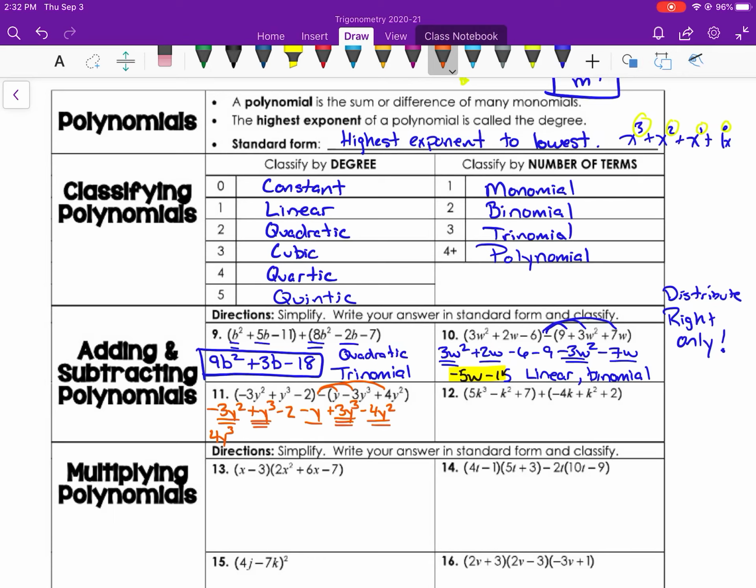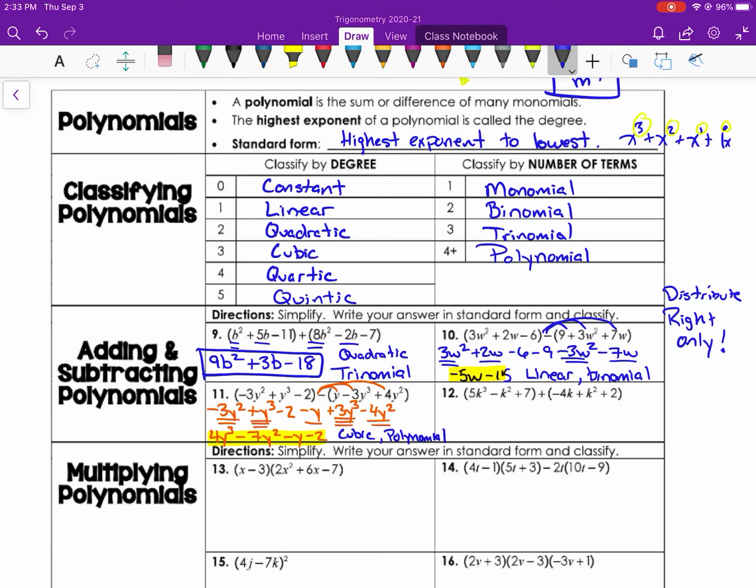Then for the squares, they have a negative 3 and a negative 4, which gives me negative 7y squared. And then just minus y minus 2. This is a cube, so it's a cubic, and we got 4 terms, so cubic polynomial. Sorry, this is small. Going forward, I'm going to readjust these things.